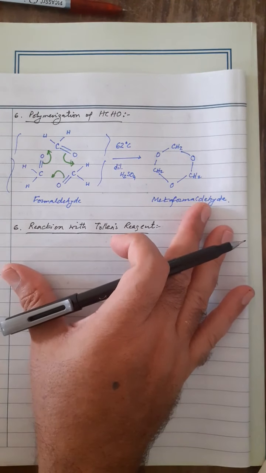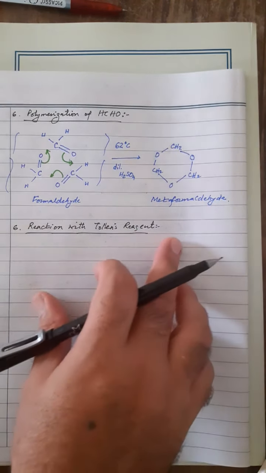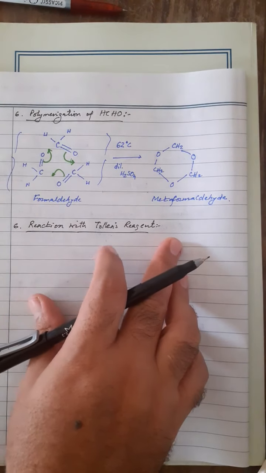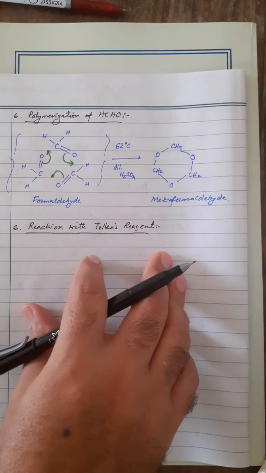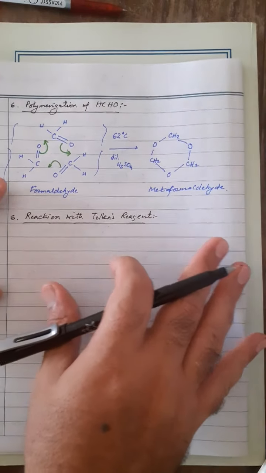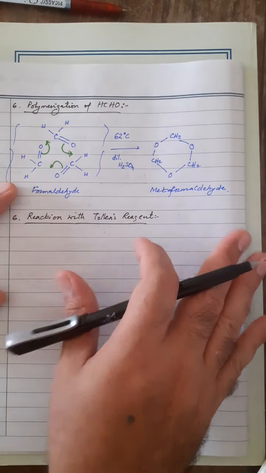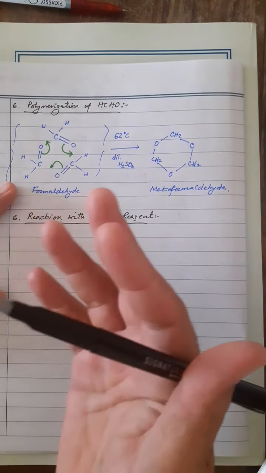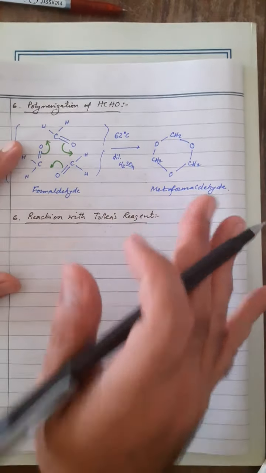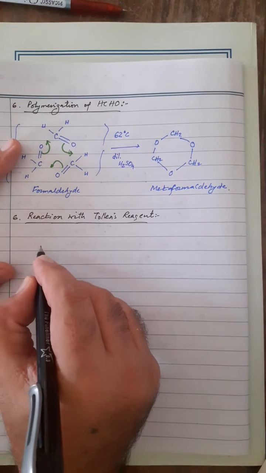Formaldehyde, all aldehydes have it. Reducing sugars, non-reducing sugars, who can reduce it or who cannot, is just classified on the basis of this reaction. So what is a Tollens' reagent? To make a Tollens' reagent, the most basic ingredient is silver nitrate.